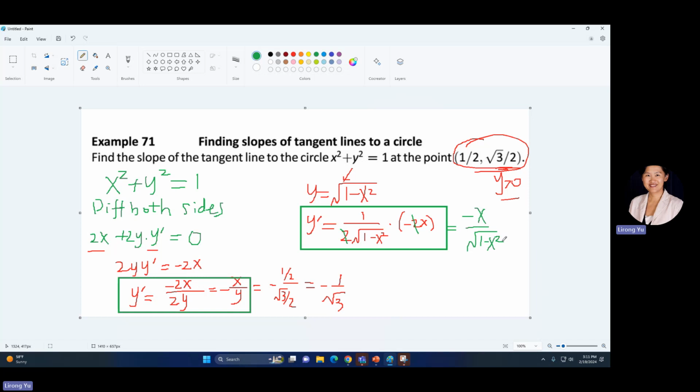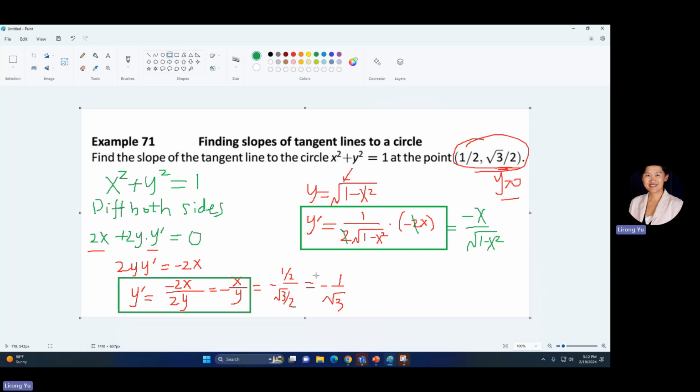So even though they look different, they're actually the same, except you have to plug in negative 1/2 for x. 1 minus 1/2 squared is 3/4. Root of 3/4 is that same number. So with both methods, we're able to find the same slope.